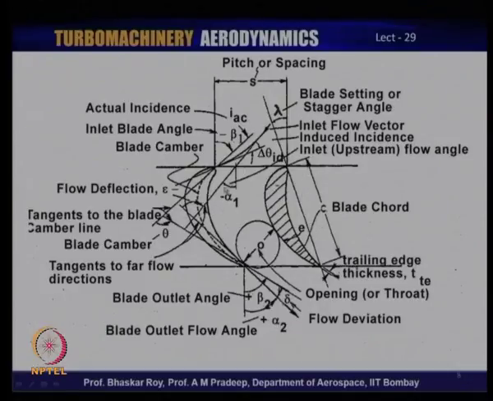And then of course, depending on the chord, you decide upon the blade stagger angle. So, this is your blade chord, and that is your blade stagger angle, the angle it makes with the axial direction. So, that is your blade stagger or blade setting or blade fixing angle, as the assembly people would call it. So, you would need to decide on those things.